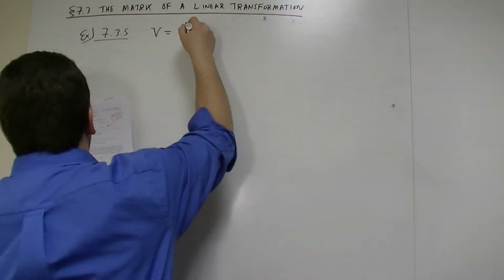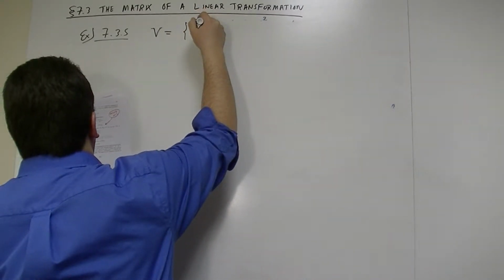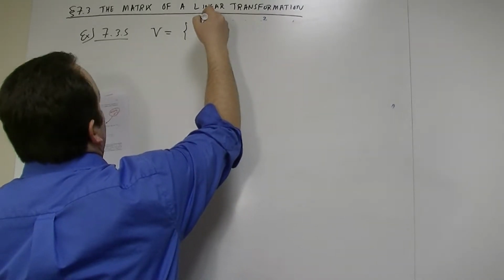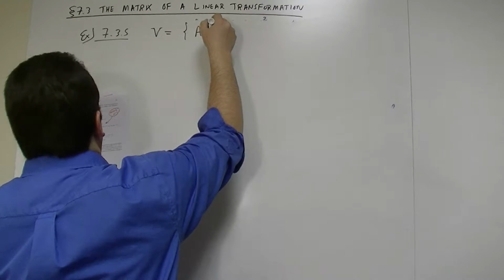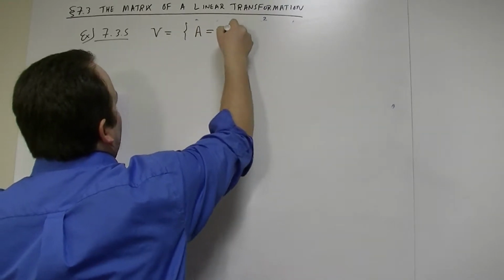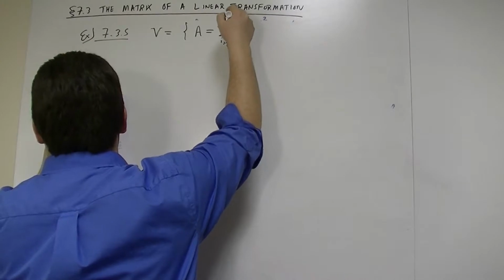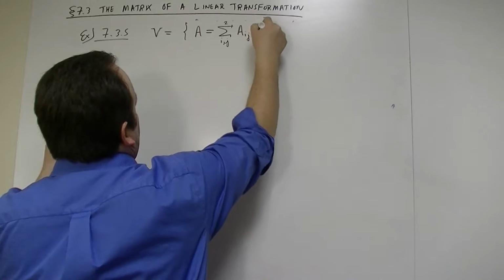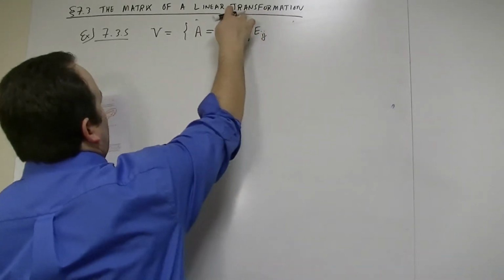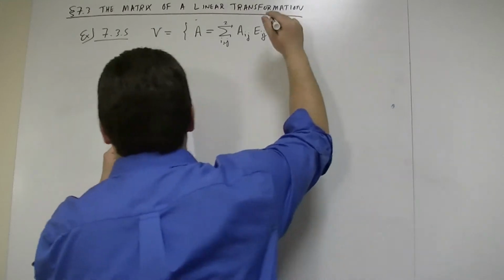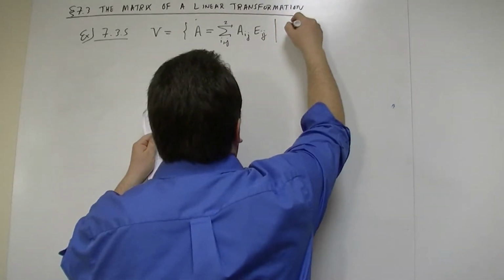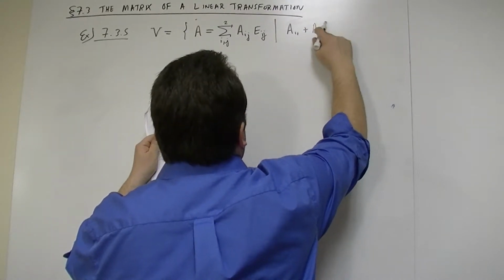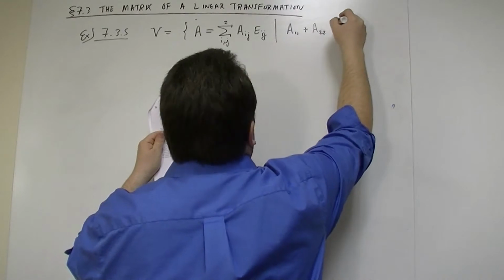V is equal to the set of A, oh, this is really weird, A equals the sum i, j from 1 to 2 of a_ij E_ij, such that a11 plus a22 is equal to 0.